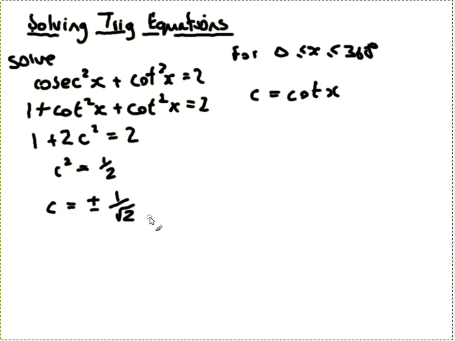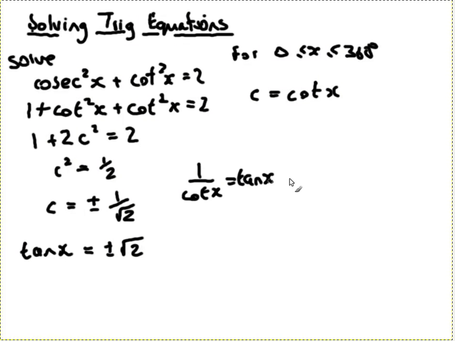Now remember, c was cot x, therefore tan x, which is the reciprocal of cot x, is simply the reciprocal of those values, which is plus or minus root 2. Yeah, because remember c was cot x, and 1 over cot x is tan x. Let me write that down for you. And now I can do my inverse tan.